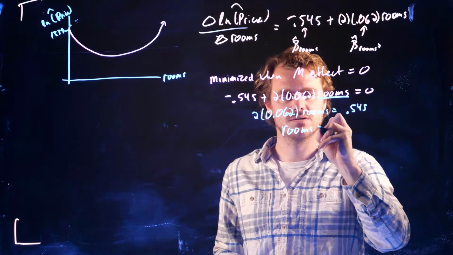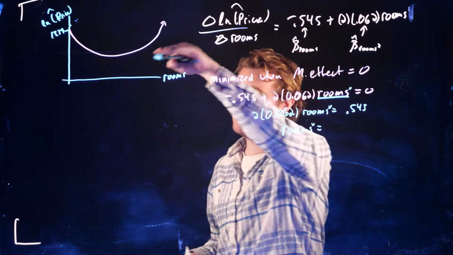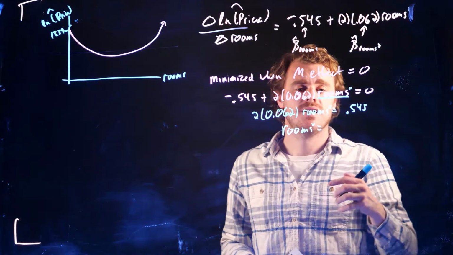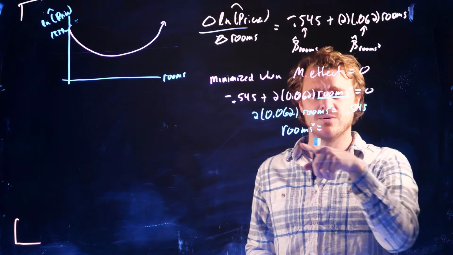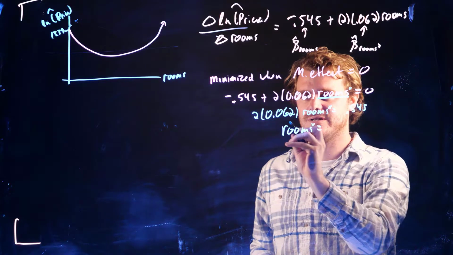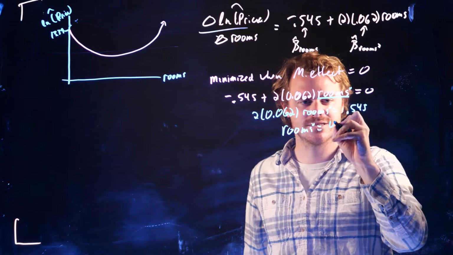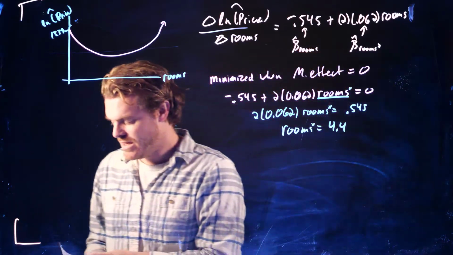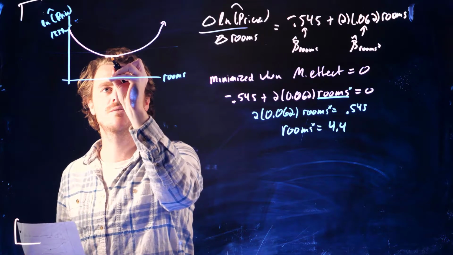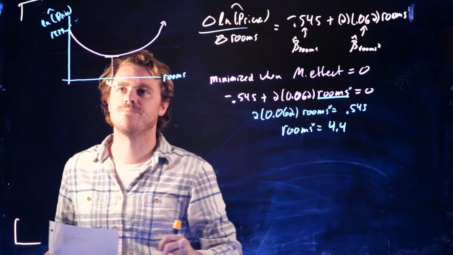We'll put a star on it to show that's the minimizing value; take the second derivative to see that it's a minimum. Rooms equals 0.545 divided by 2 times 0.062, and I luckily have that written down here, and it's 4.4. So through this math we're figuring out where this derivative equals 0, and that's at 4.4.